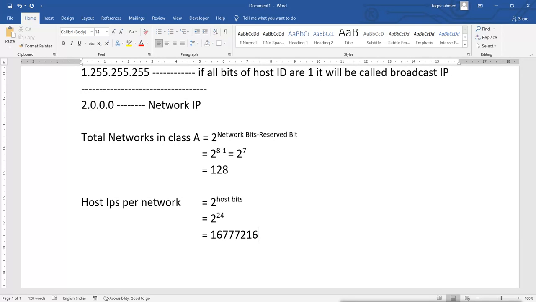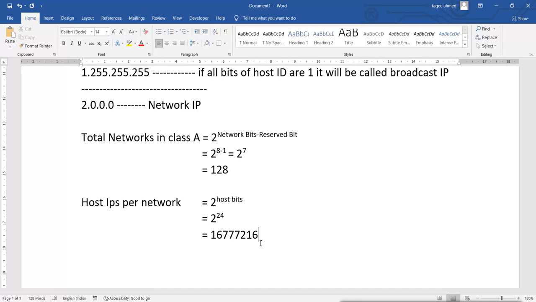And like this you have 128 networks, where every network has this number of IPs. Now it is too much, and that is why I said class A is for big network organizations. They have a big organization and need lots of IPs.